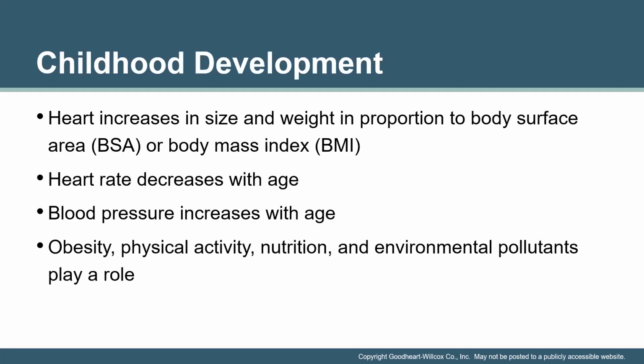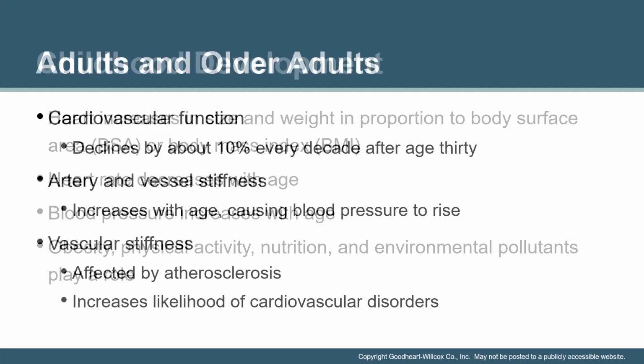So during childhood development, the heart will increase in size and weight in proportion to the body surface, or the body mass index. The heart rate decreases with age, blood pressure increases with age. I hope that makes sense. If our rate's decreasing, we need cardiac output to be different. Therefore, we're going to have changes in pressure and such. Obesity, physical activity, nutrition, and environmental pollutants play a role.